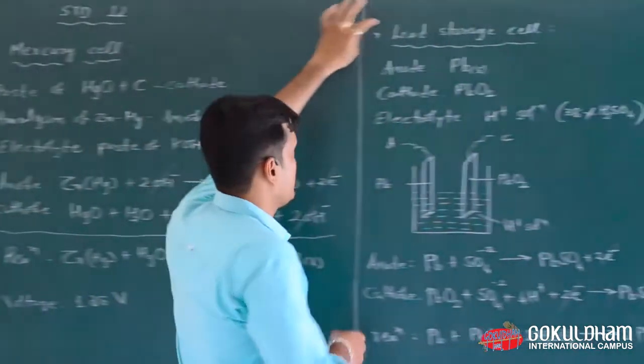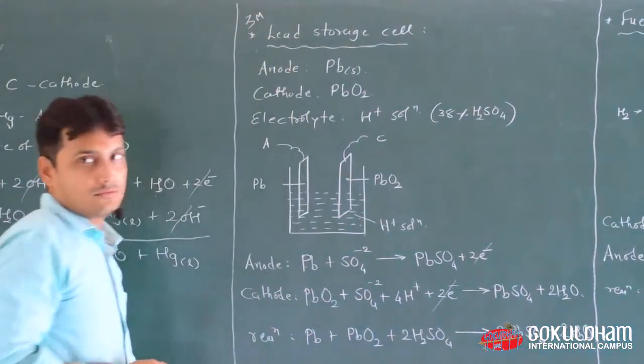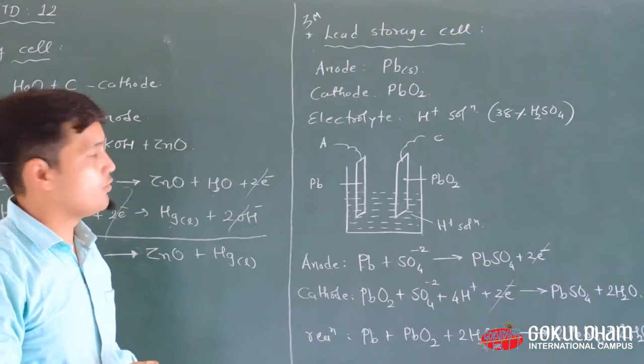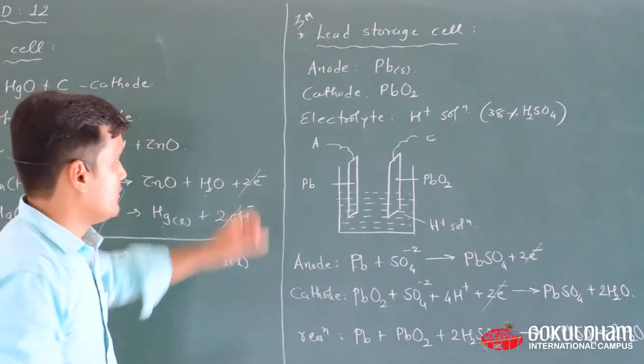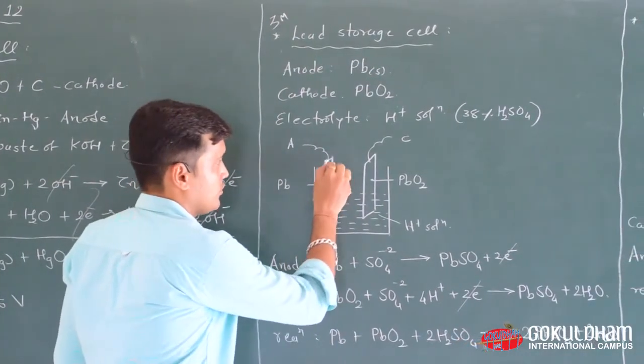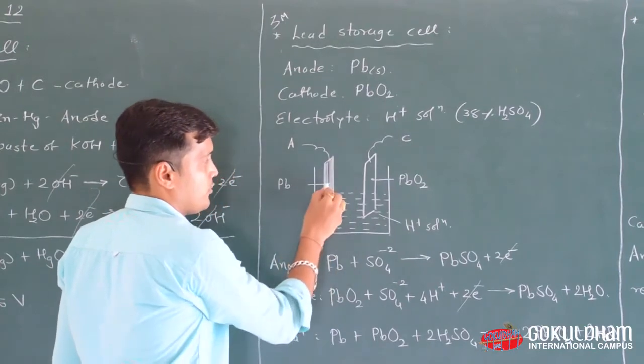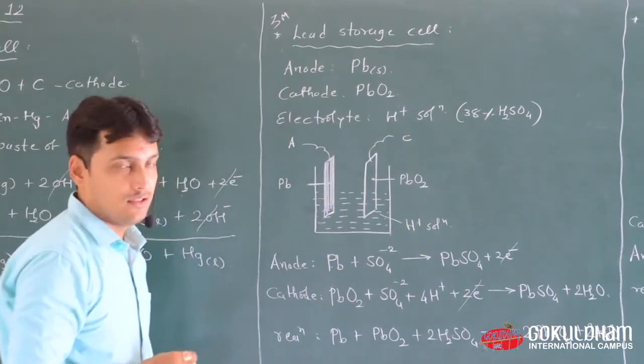Now the other most important theory, with 3 marks, is the lead storage cell. This is a most important theory. On the anodic side there is a strip of lead.